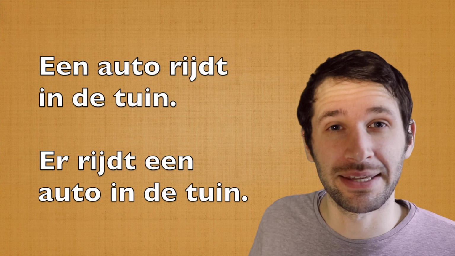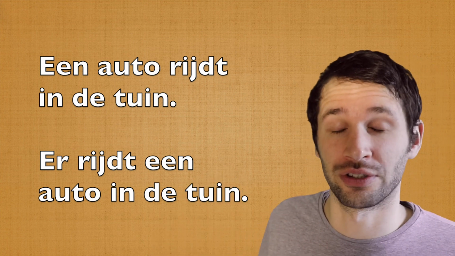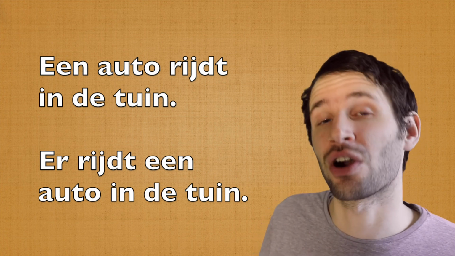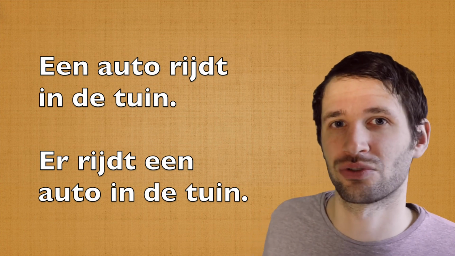All right, pay attention to the word order though. Rijdt een auto in de tuin. In English you would say there's a car driving in the garden. All right, so the and then inversion.